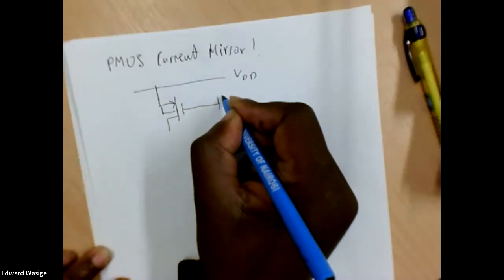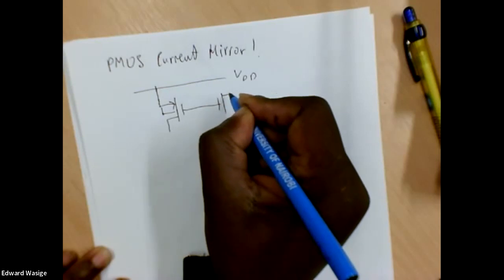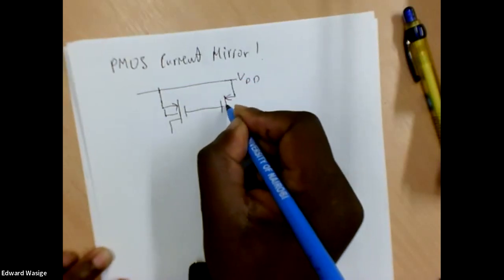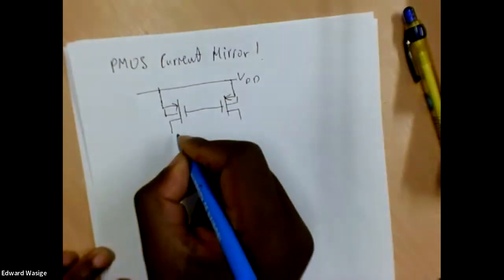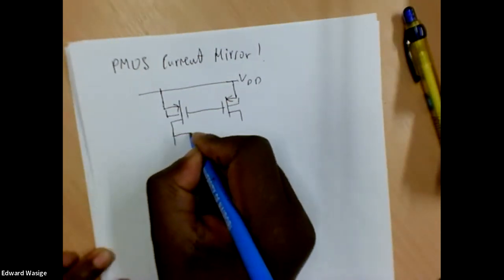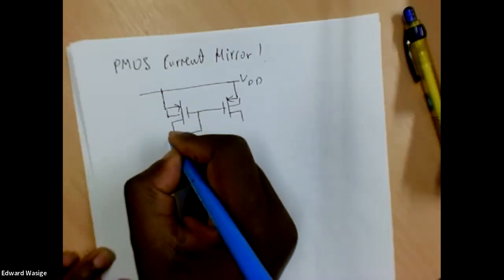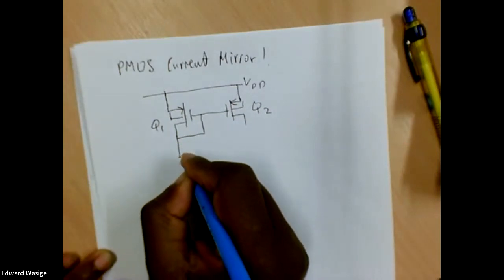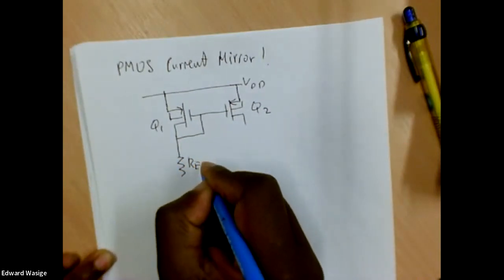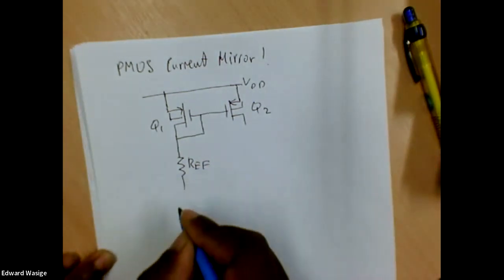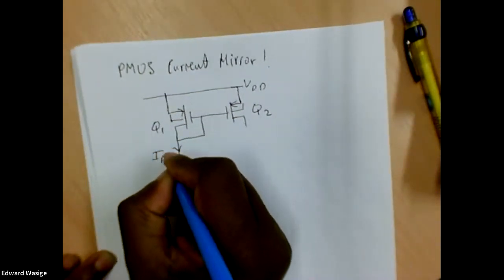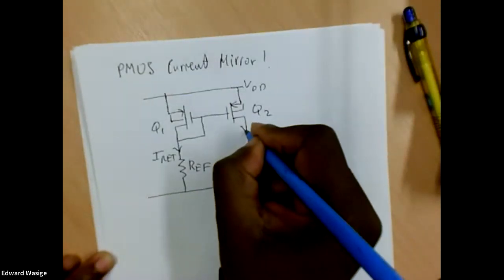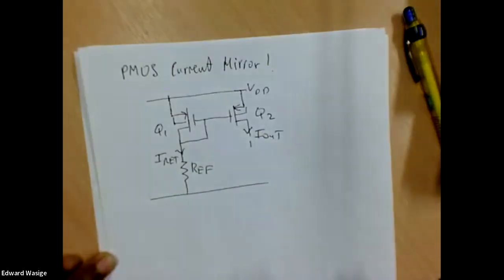And the second transistor is here. This is transistor Q1, transistor Q2, the reference resistor, IREF, and here is I out.